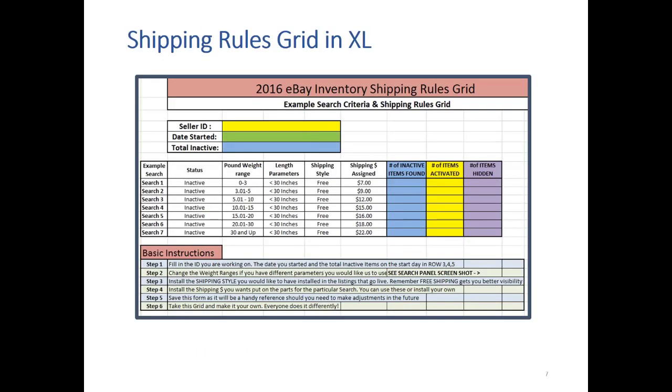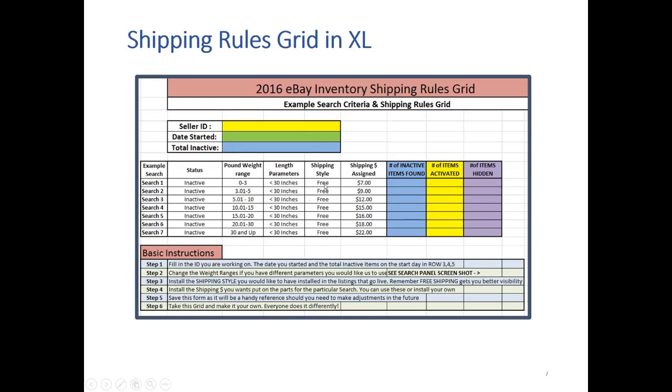I want to highlight this Excel sheet so you know how to use it, and you might be able to play this to your advantage. The thing I really like to teach people how to do is to keep track of their parts activations if they're going to be breaking it down by weight and dimension. We're going to do some searches, right? So if you look at this search panel, search number 1, give me inactive items, inactive status, in the weight range of 1 to 3 pounds, under 30 inches in perimeter.